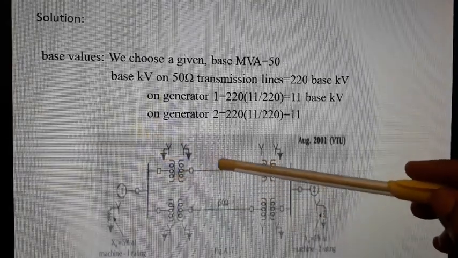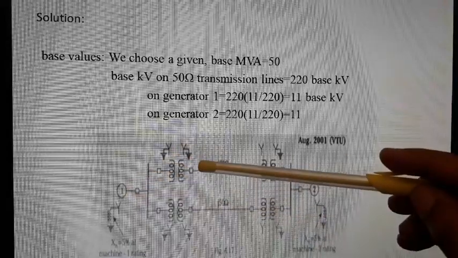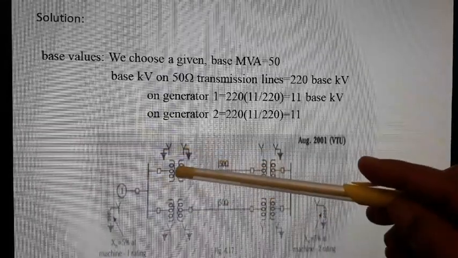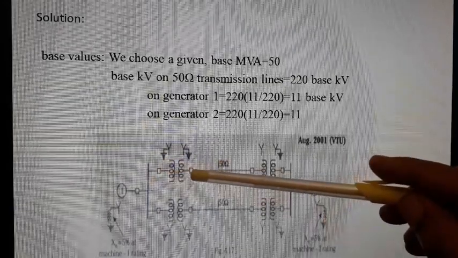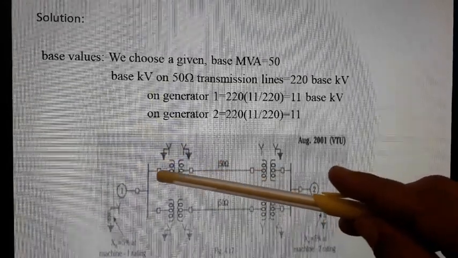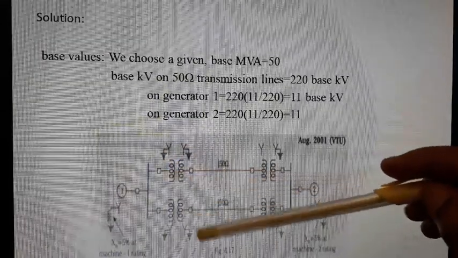So what we have to do, if this kV base for the line is known, for the generator side we have to go through the transformer. So that is the transformer, this becomes V1 and that is V2. V1 is 220 kV and this is 11 kV. So V2 becomes 11 and V1 is 220.